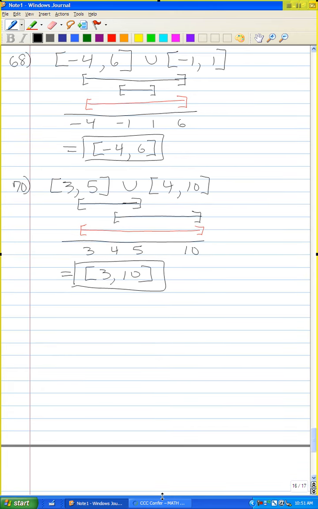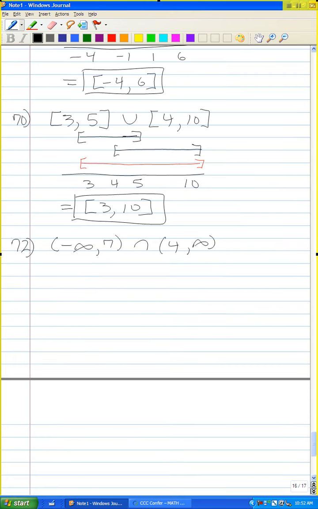72. The open interval from -infinity to 7 intersect the open interval 4 to infinity. And so 4, 7.